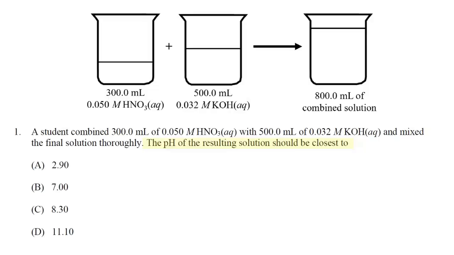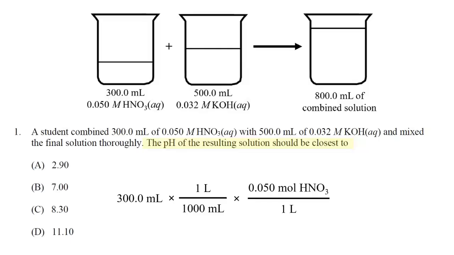of these substances. So the first beaker contains 300.0 milliliters of this solution of 0.050 molar nitric acid. So first, I'm going to convert from milliliters to liters. So there's 1,000 milliliters in 1 liter. And then I'm going to use the molarity as a conversion factor. So 0.050 moles of nitric acid for every 1 liter.